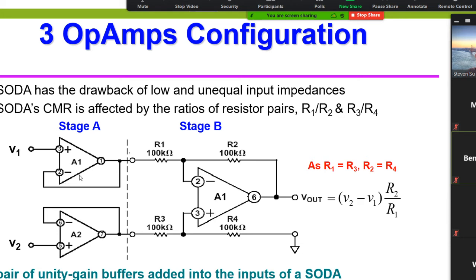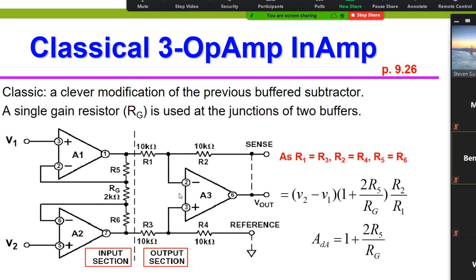Of course, you can put a different value here, you can also change the gain. So the 3 op-amp circuit has matched high impedance inputs, and therefore a minimal effect on the overall CMRR. So it's a very good one. And this gives you how to derive the CMRR as well for the 3 op-amp circuit.